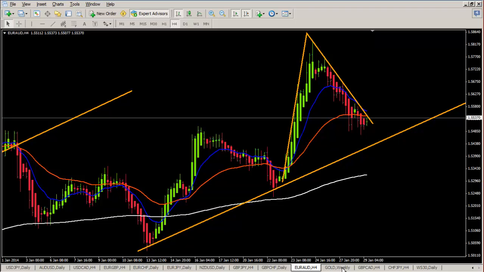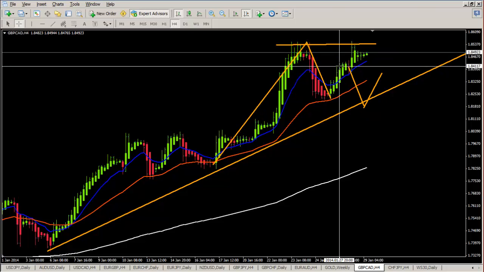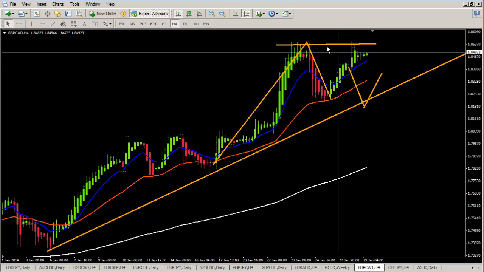As I said, gold we don't touch, and GBP Canadian dollar hit the highs. Yesterday we discussed it when it was somewhere there, but somewhere here we said it might hit these highs, but it also has to break those. And now it's important that we watch closely, because what we want really is the price breaking this, and if not breaking the support, then we want to look for shorts.